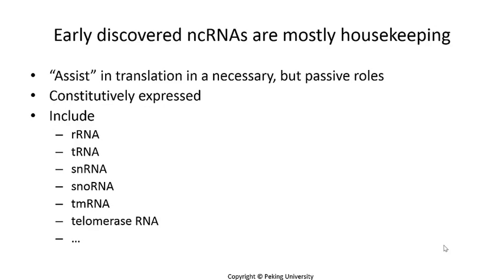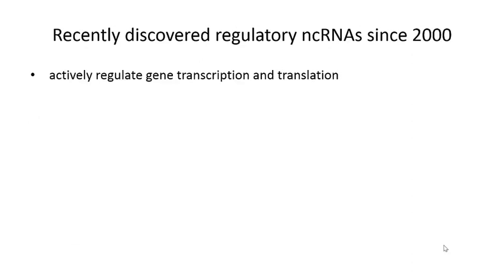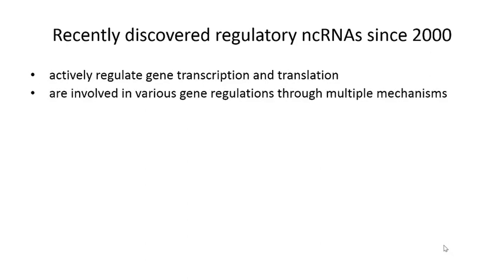Therefore, they are constantly expressed in various cells, tissues, and organs, and function as housekeeping genes. The functions of non-coding RNAs discovered in the past 10 years are mostly transcriptional and/or translational regulation of other genes. These non-coding RNAs regulate their targets using various mechanisms. This results in an expression pattern that is often organ, tissue, or cell specific.